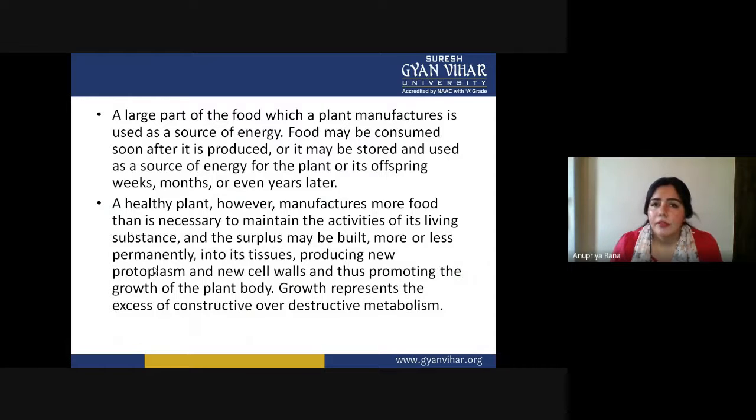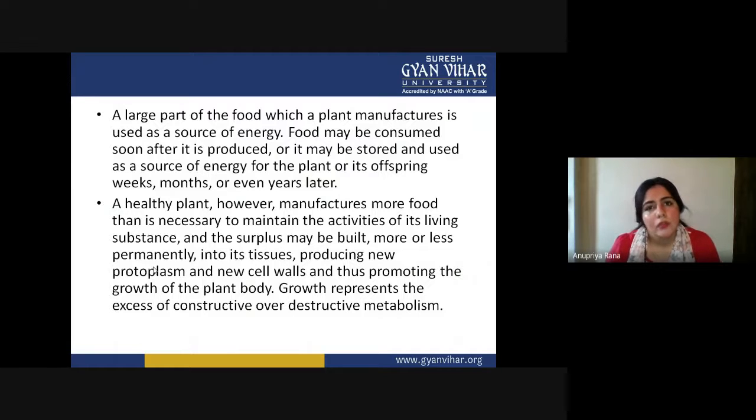Inside the plant, they also need to consume the food which they make by the process of photosynthesis. Sometimes the food made inside the plant is utilized right after it is made.